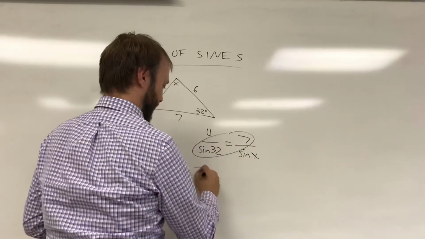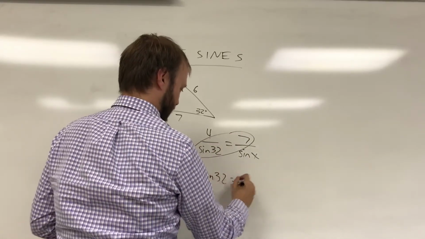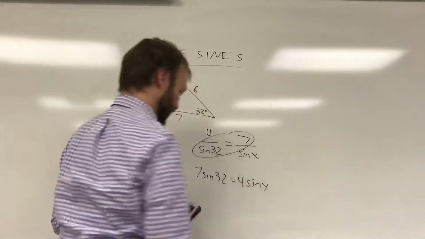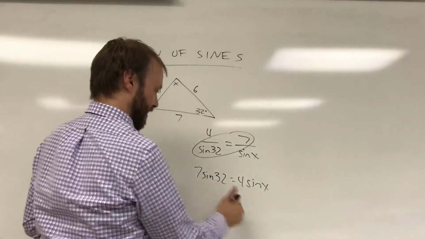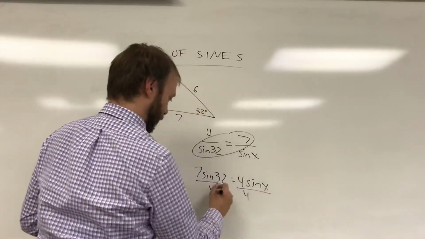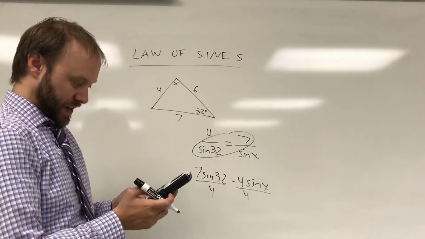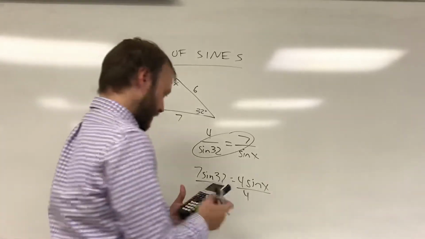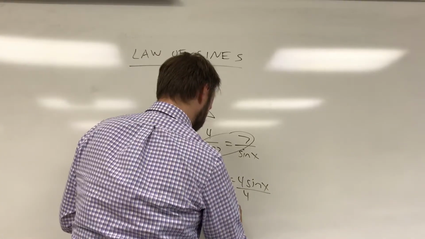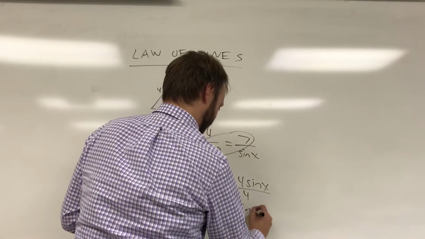In this case, we get 7 times the sine of 32 is equal to 4 times the sine of x. So I'm going to take 7 times the sine of 32, and I'm going to divide by 4, okay? So 7 sine of 32, divide that answer by 4. And I'm going to get about 0.927 is equal to sine of x, okay?